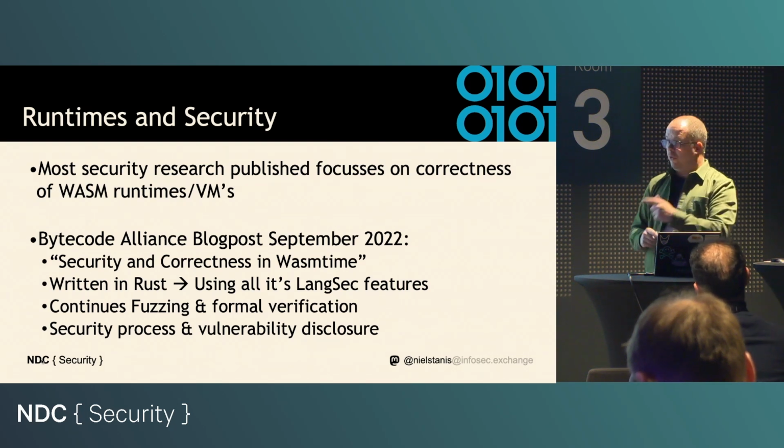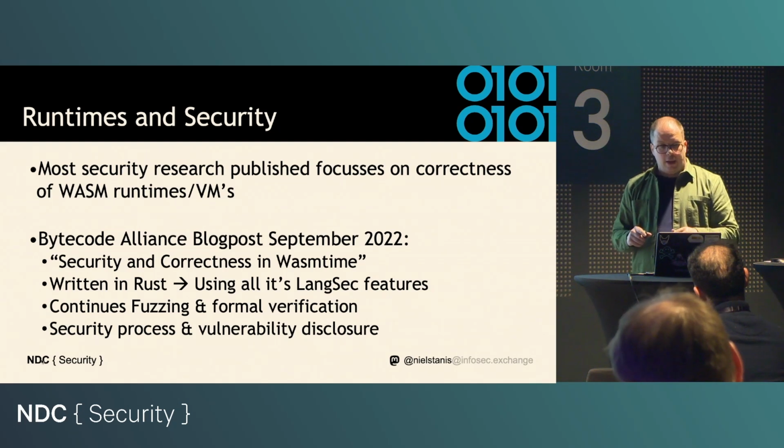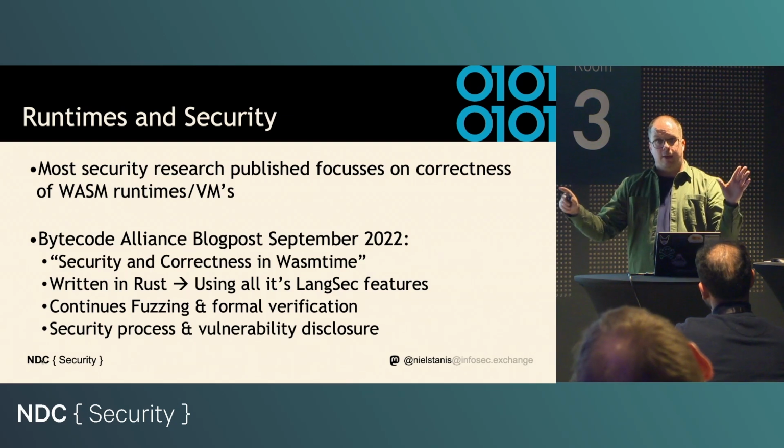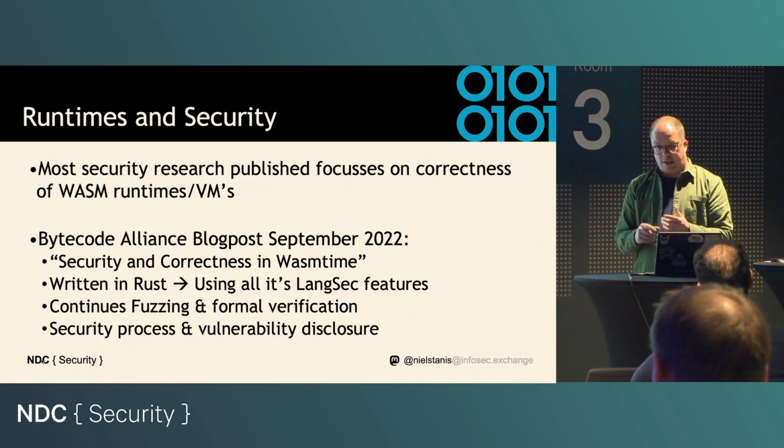They also have continuous fuzzing, formal verification of whether it really does what it needs to do, and a whole process around security and vulnerability disclosure. So they're pretty transparent, in the open. This is a really cool blog post if you want to know more about how it's being built. But as I said, the disclaimer we need to be aware of is that it's as secure as its runtime.